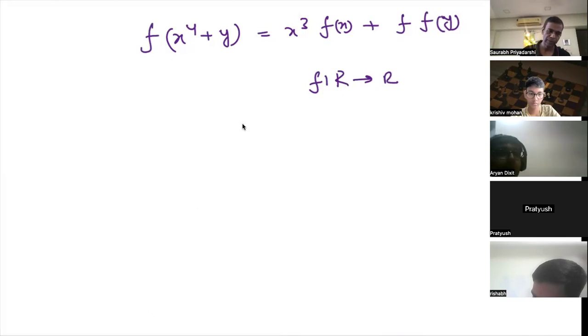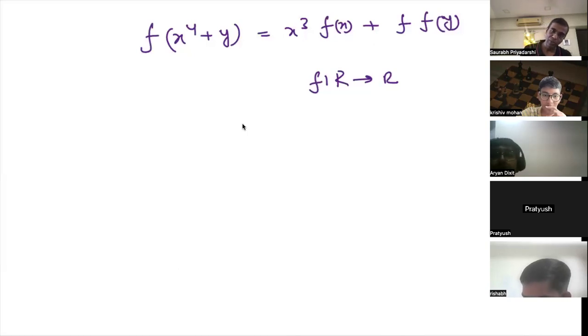Yes. See, you'll not believe this, but this is Cauchy. A good observation: f of y is equal to f of y, right?